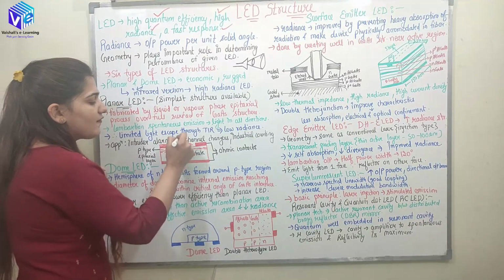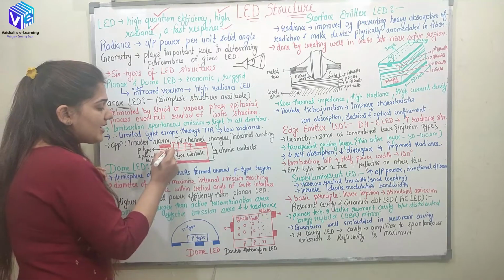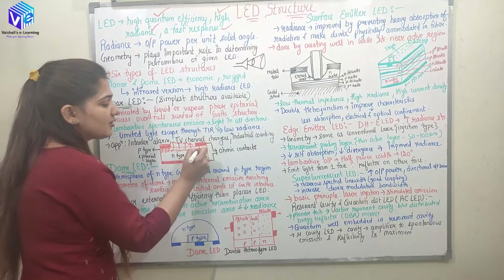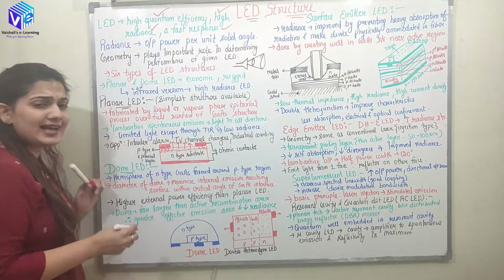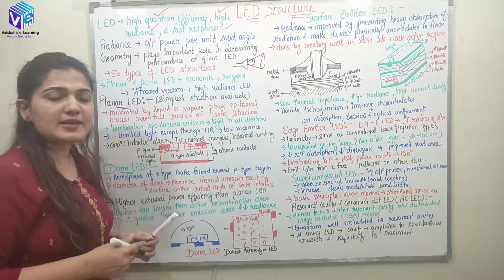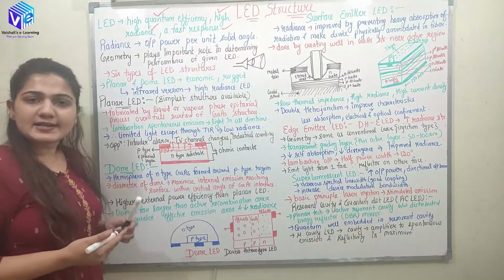The light will emit through this region, but light is hindered by the ohmic contact. Below the ohmic contact, light is not able to escape, due to which the efficiency of the planar LED is reduced. So it is the simplest structure that is available.